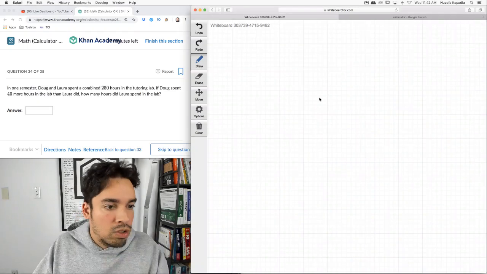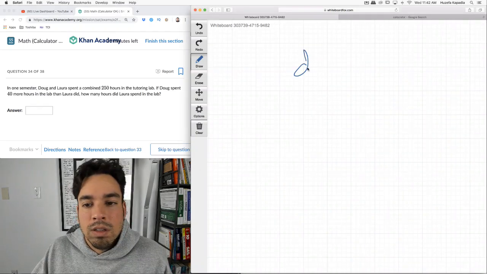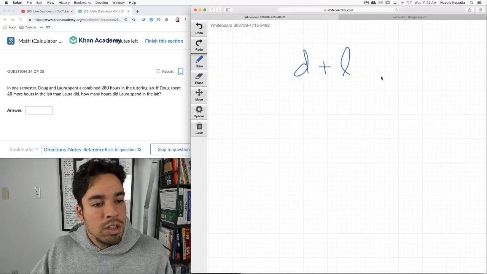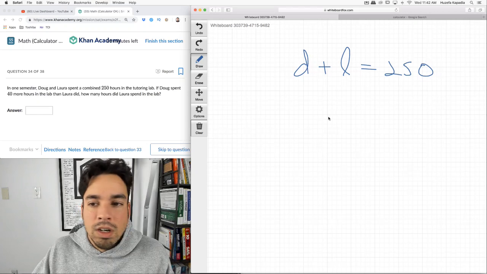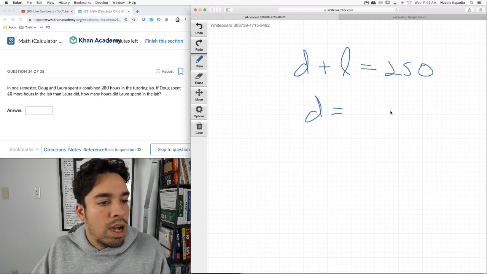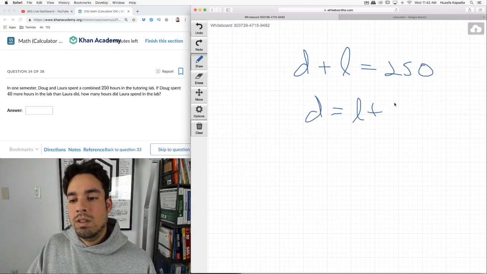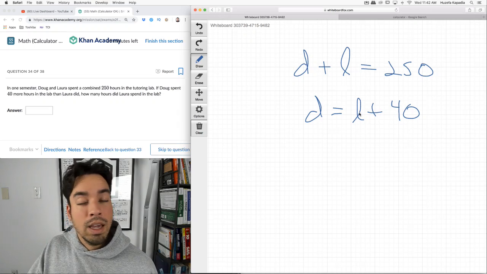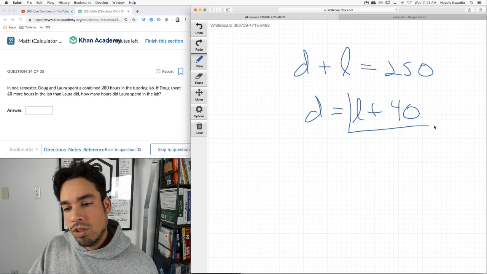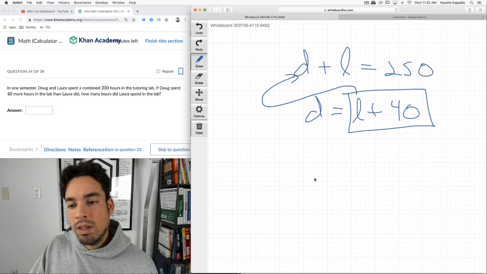34. One semester, Doug and Laura spent a combined 250 hours in the tutoring lab. If Doug spent 40 hours more than Laura did, how many hours did Laura spend in the lab? AKA, solve for L. So, plug this in. Since D equals this, plug it in.